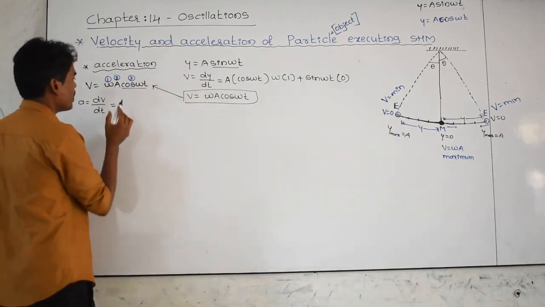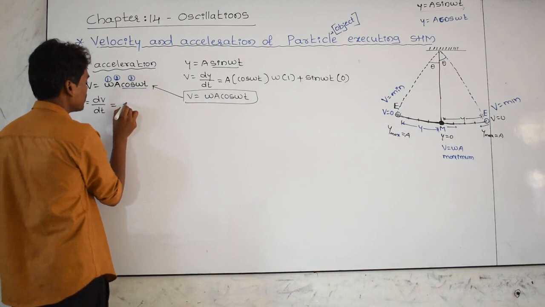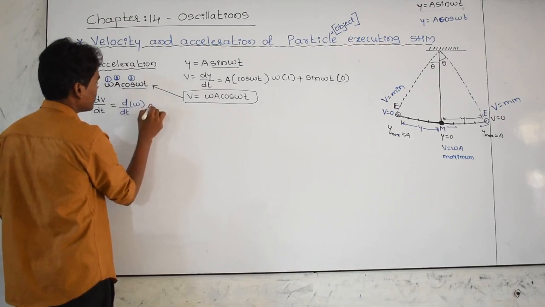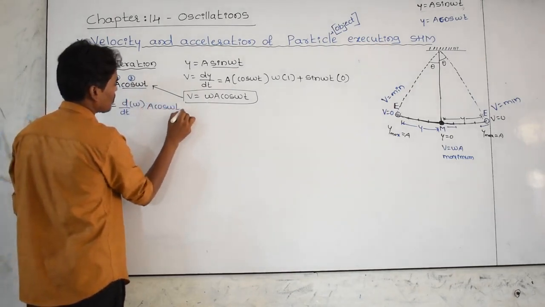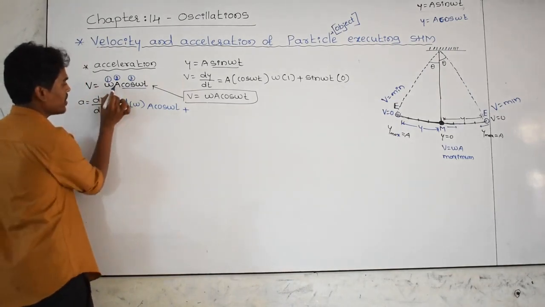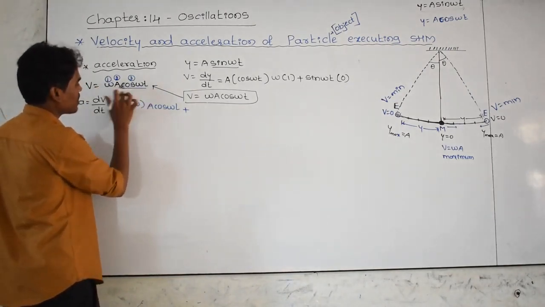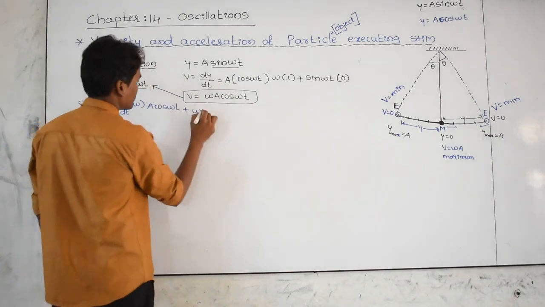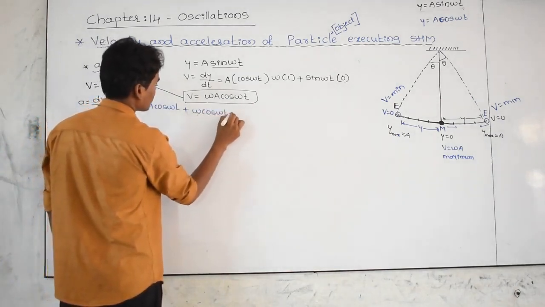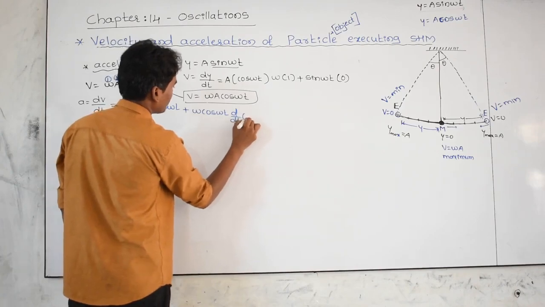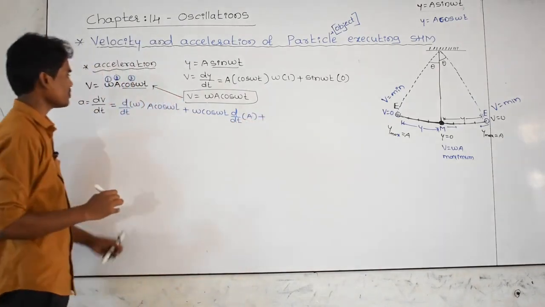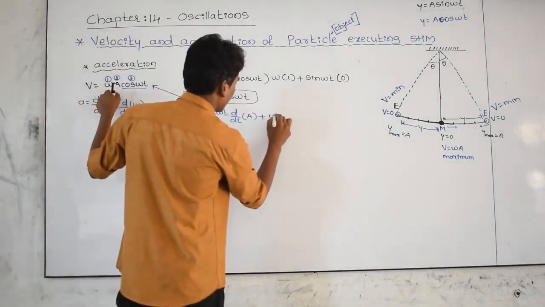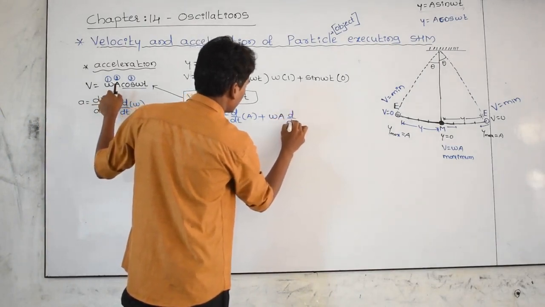Apply the product rule: differentiate the first, d by dt of omega, and keep a and cos omega t as they are, plus differentiate the second and keep the first and third as they are, plus keep the first two as they are and differentiate the third, omega into a and d by dt of cos omega t.